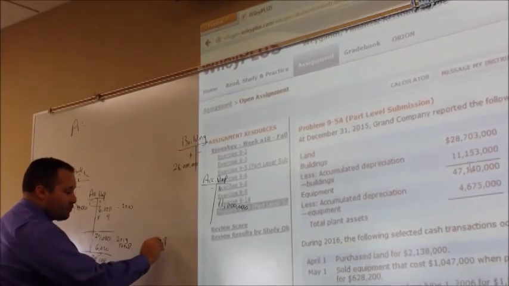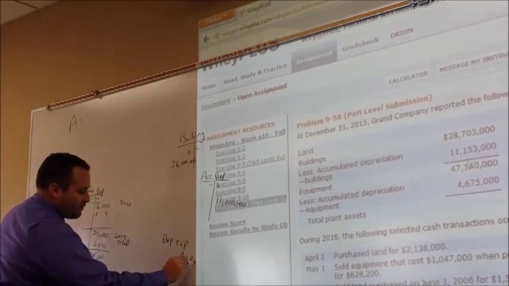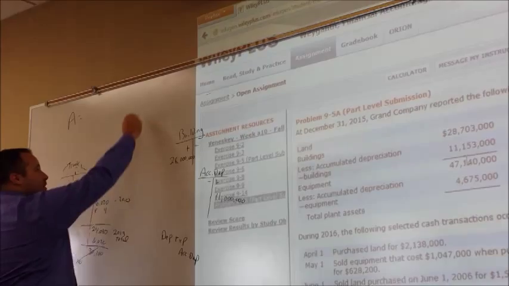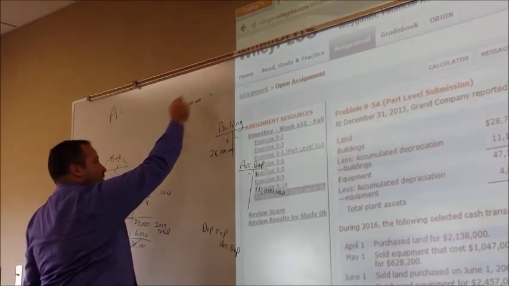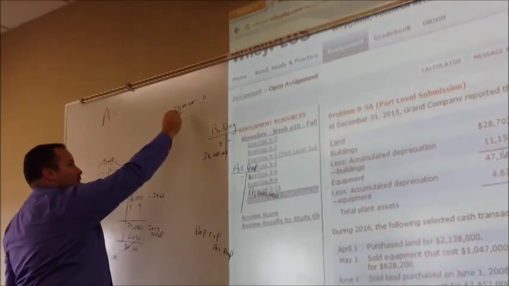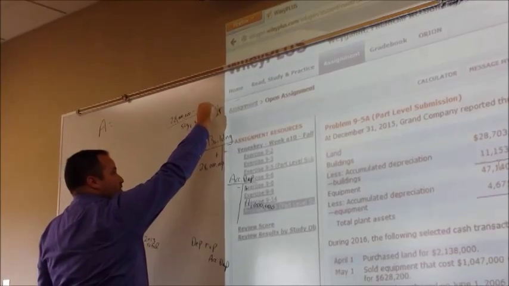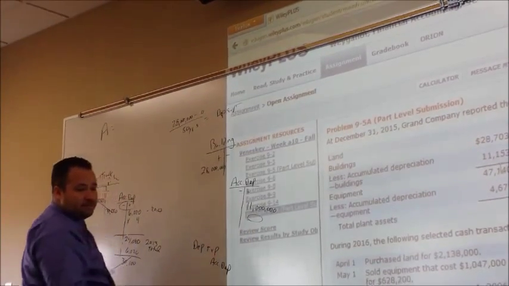It's going to say, what is your depreciation expense and your accumulated depreciation for the building? Well, you're simply going to take the 28 million, and I don't believe there's any salvage value, so mine is nothing, over 50 years to get your depreciation expense to add in for 2014.